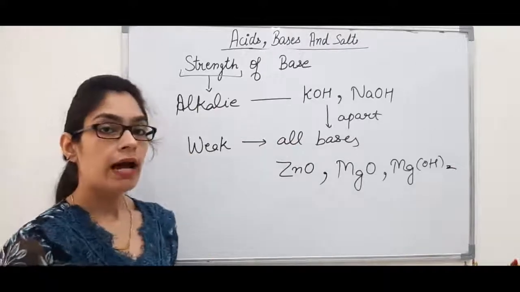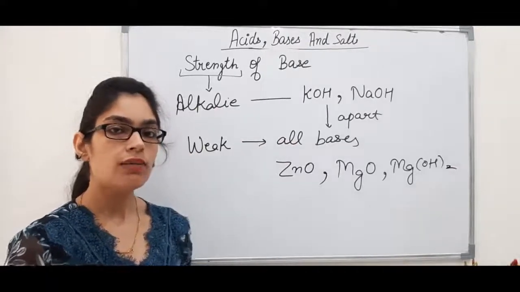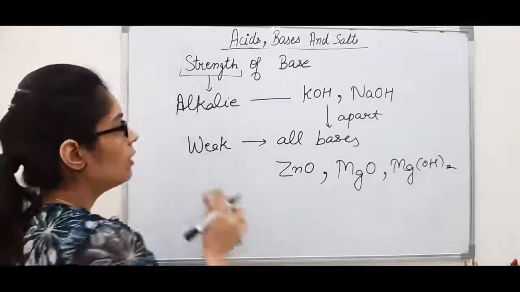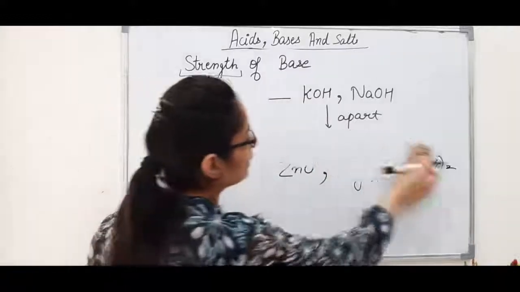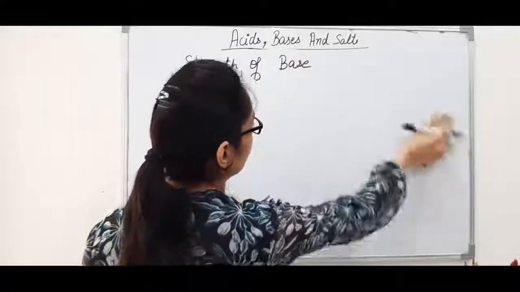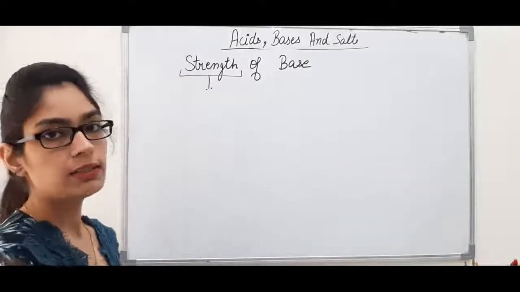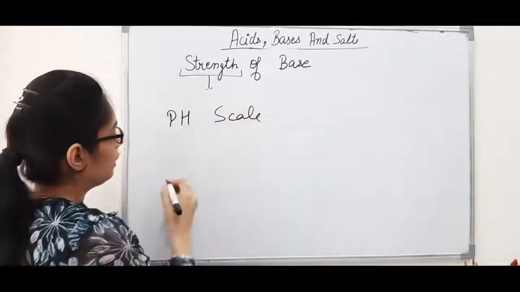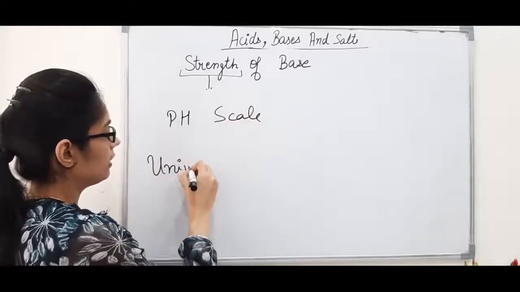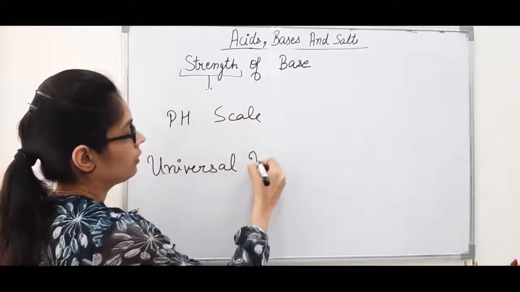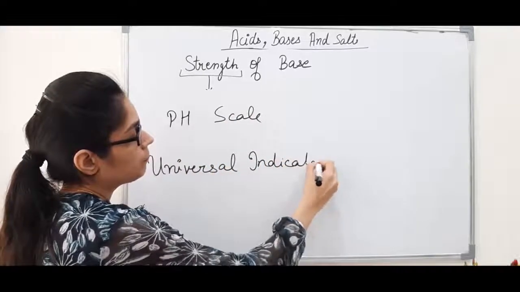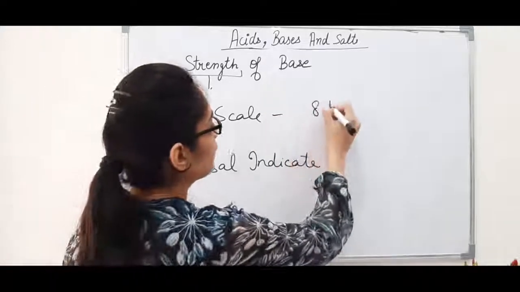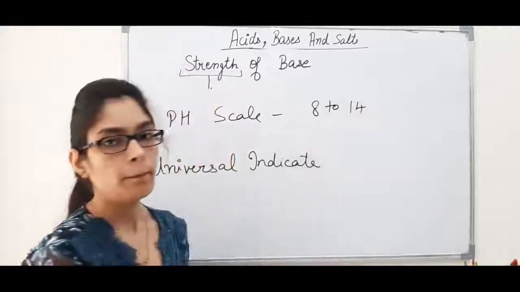Now we have to find out how we'll come to know the strength of the bases. While discussing the indicators, in the second topic, we discussed a few indicators. One was the pH scale and the other one the universal indicator. So in the pH scale, we found that values from 8 to 14 are for bases.